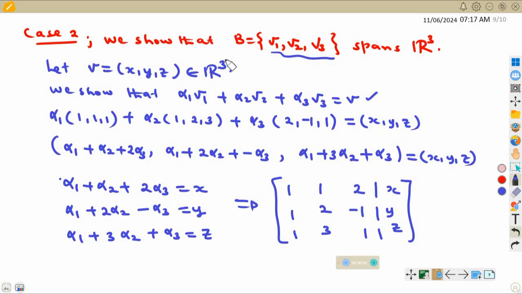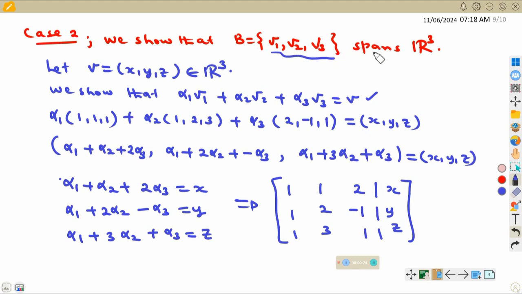In case 2, we need to show that B, which is having vectors v1, v2, and v3, spans R3. And in order to show that, we must pick a vector in R3, and that vector must be expressed as a linear combination of vectors v1, v2, and v3.